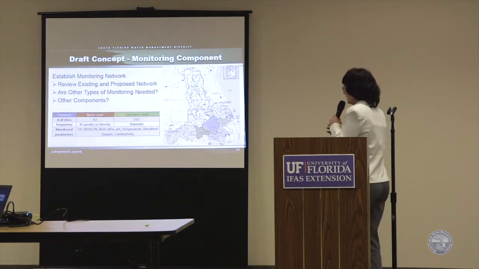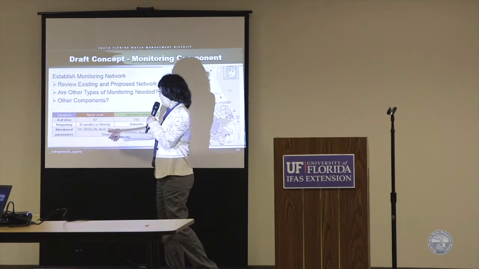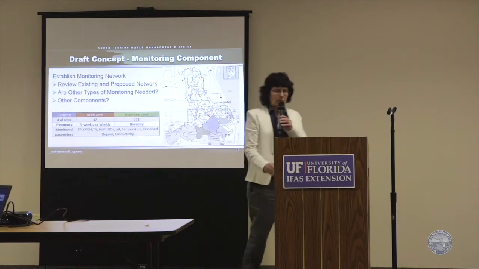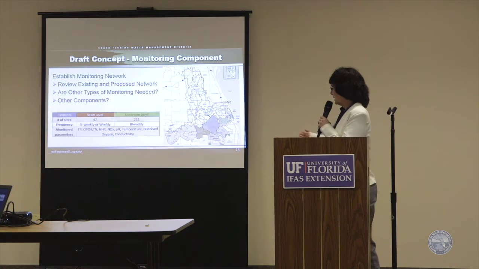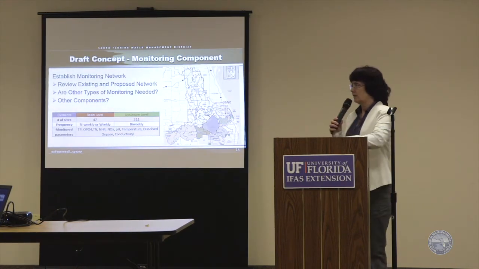And one other thing I do want to point out, the district's expanded monitoring is going to do speciation of the nutrients, so we'll have an idea if the phosphorus is dissolved or maybe particulate, and that will be helpful too in determining what types of projects.